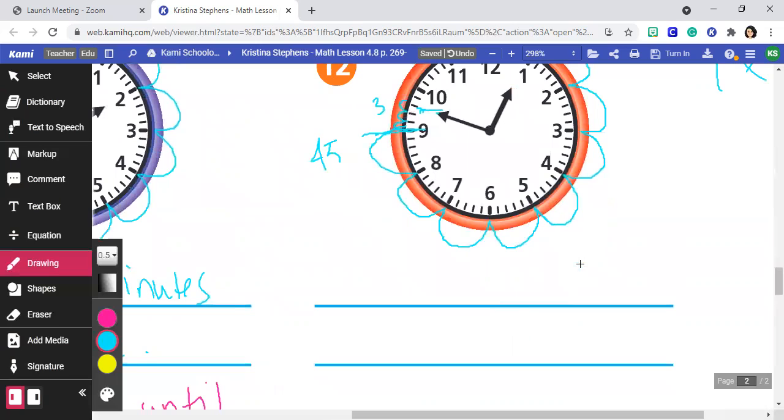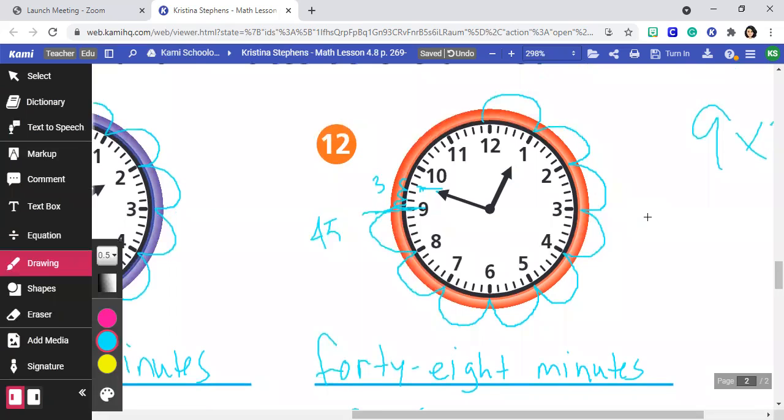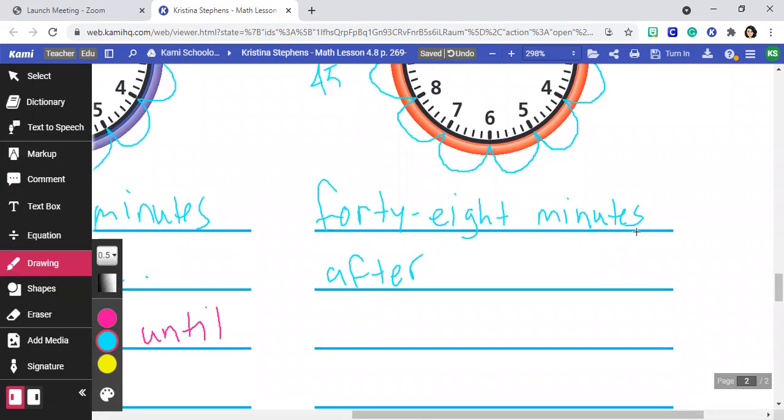And the way that I'm going to write that down here is this. 48 minutes after, but I didn't pay attention to the hour. Well, my hour hand is pointing in between the 12 and the 1. So it's not quite 1 o'clock yet, which means it's still 12 o'clock. 48 minutes after 12.